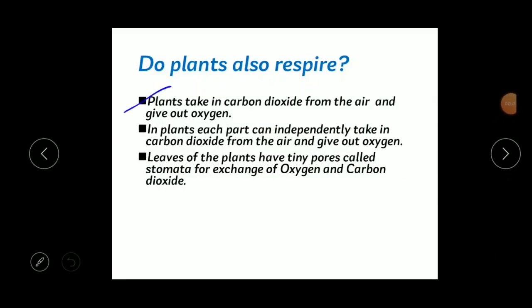The next topic is, do plants also respire? Plants take in carbon dioxide from the air and give out oxygen. So we know that plants also respire. They take in carbon dioxide present in the atmosphere and use it in the process of what? Yes, photosynthesis, to produce food and release oxygen.